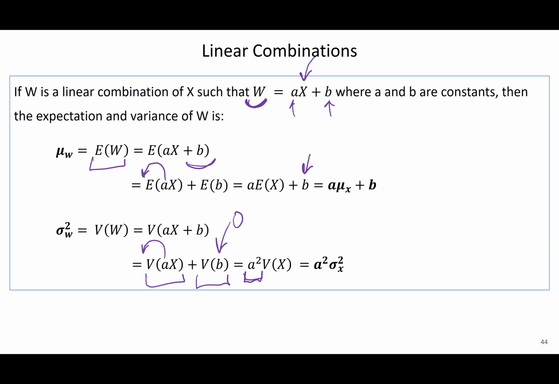So it is slightly different than when dealing with expected values, just something to note. So if you wanted to find the variance of w, it's going to be that constant that was multiplied by the random variable x. So a squared times sigma squared. So we're going to go through an example here next.